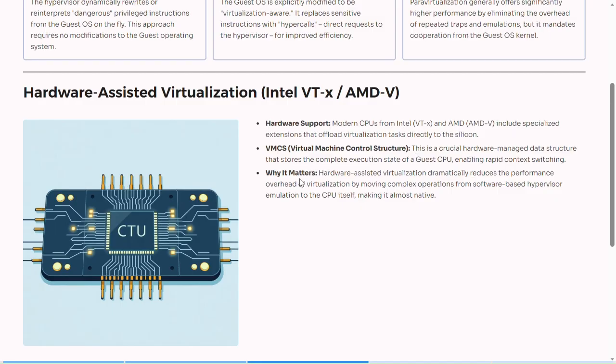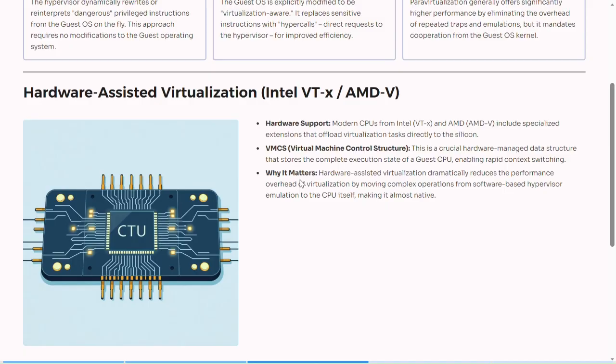Let me start with offloading to silicon. Instead of the big software doing the heavy lifting, the CPU has a virtualization mode. The VMCS is like the save game files. This is the secret sauce, and the virtual machine control structure is a hardware managed data structure.